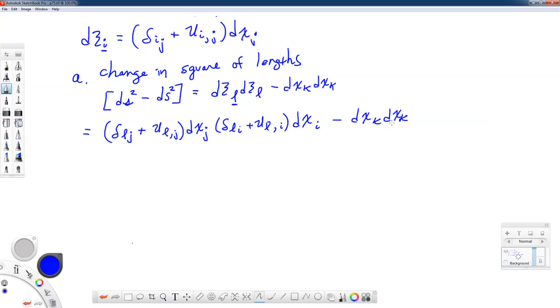Here's where we can see the real power of our index notation. We can treat these quantities very algebraically with a few rules thrown in. So I'm first going to group the two dx terms together, and I'm going to group the terms in the brackets together.